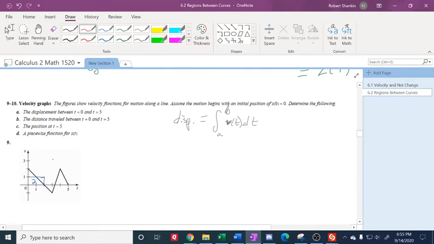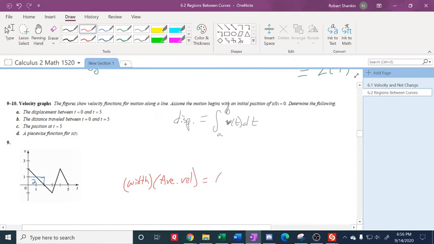Now, in the next part, you're not going to get an exact answer here because we don't have a real function. They didn't tell us the equation of these things. We could probably figure it out, but an estimate is just fine here. Suppose I went from 2 to 3.3. So the width of this is 1.3 seconds, times average velocity.